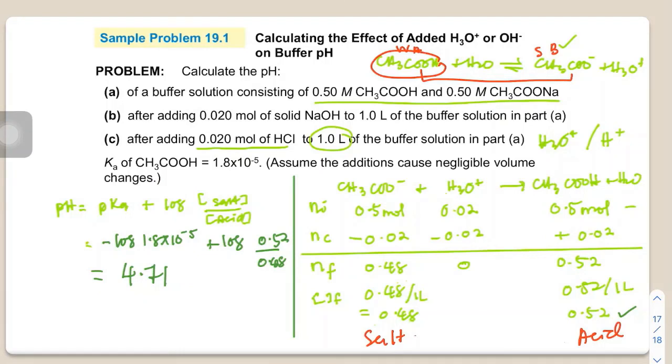In other questions, sometimes the base and acid that are being added to the buffer system are in solution form, so we have to calculate the final concentration by considering the new volume after the volume of the buffer system is added with the volume of the sodium hydroxide and HCl that is added.